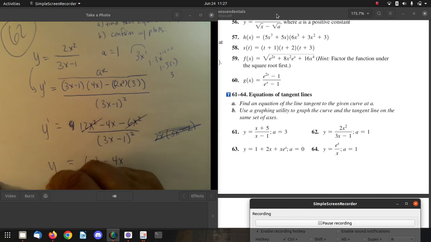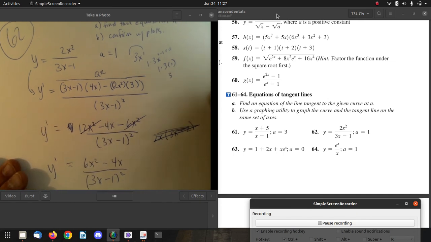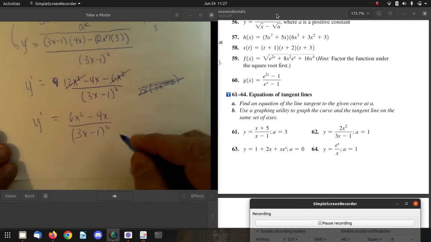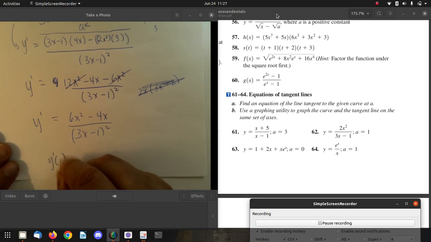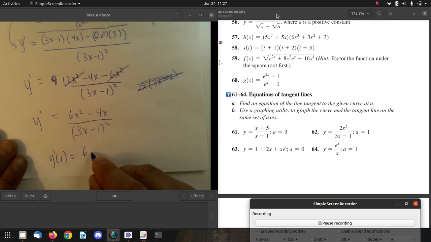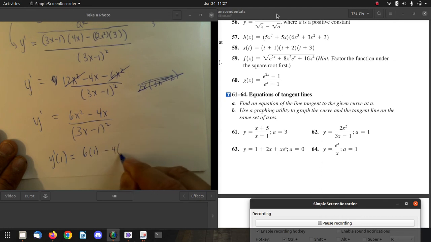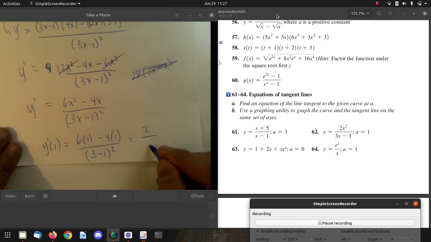So we have our y prime function machine. We're now going to plug in 1 for a. And so y prime of 1 will be 6 times 1 minus 4 times 1 over 3 minus 1 squared, which is 2 over 2 squared, which is 2 over 4, which is 1/2.